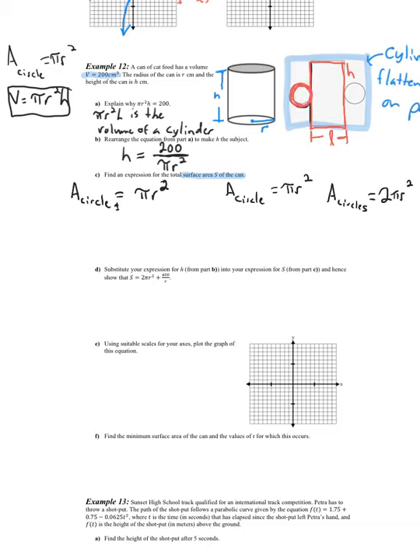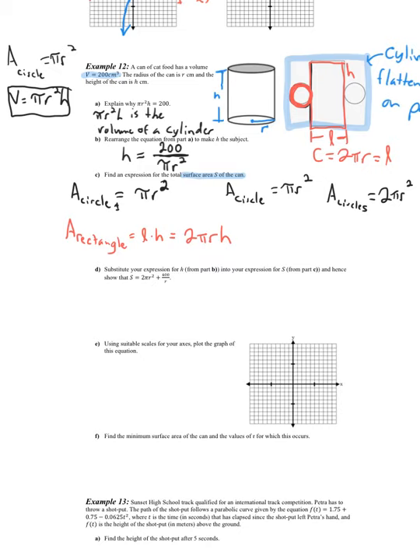It's the perimeter of the circle. So circumference was 2 pi r, right? Which also happens to be the length of this rectangle. So whenever you do area of a rectangle, you do length times width, or in this case, length times height. And the length is 2 pi r, and the height is h.